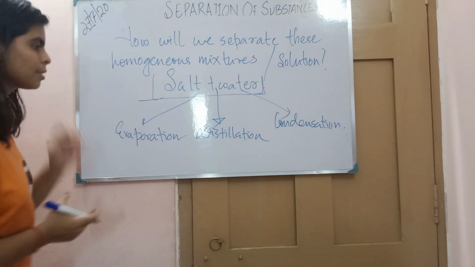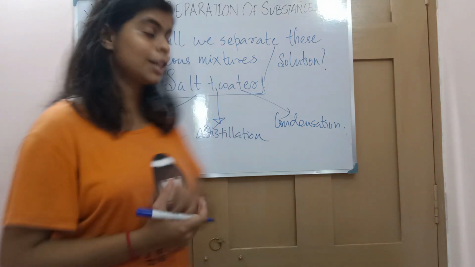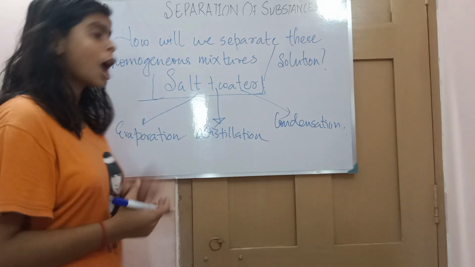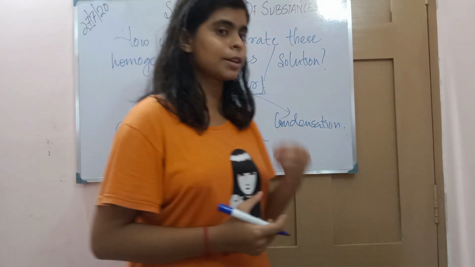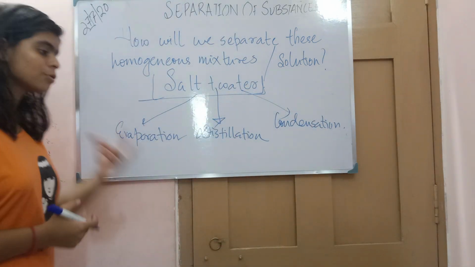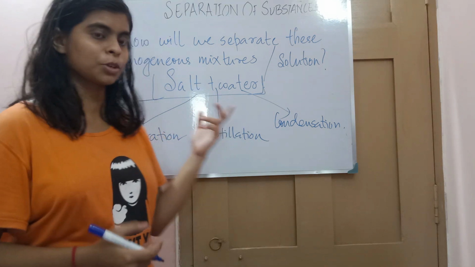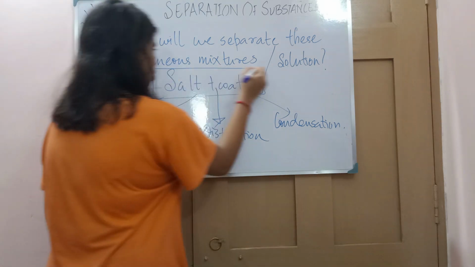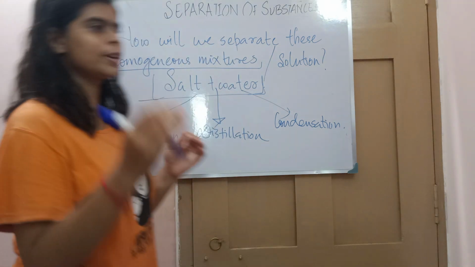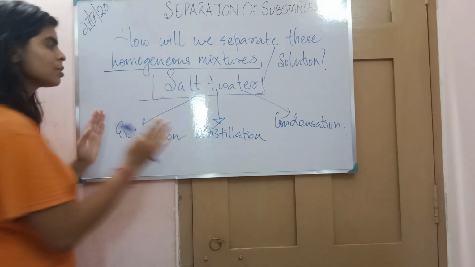For a homogeneous mixture or solution, let's take salt plus water, sugar plus water. I want to separate the salt from the water, the sugar from the water. How will we do it? I am talking about homogeneous mixtures, not heterogeneous, because heterogeneous mixtures have a different method of separation. First we will learn about the separation of homogeneous mixtures.